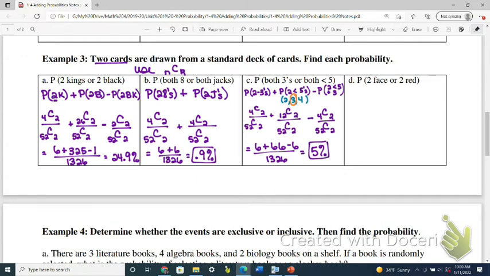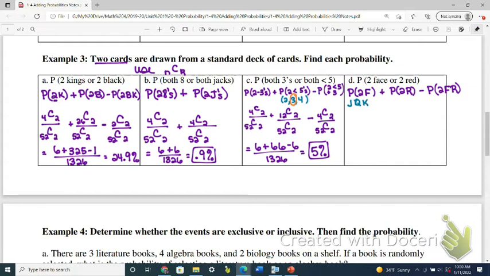And the last one here, 2 face cards or 2 red. So the question is, can I have a face card that is red? Yes, I can. So these are inclusive events. So I want the probability of 2 face cards plus the probability of 2 red cards minus the probability of 2 red face cards. So remember, face cards are your Jack, Queen, and King.